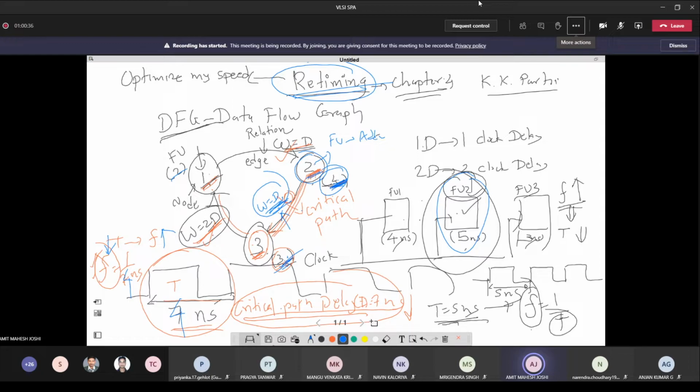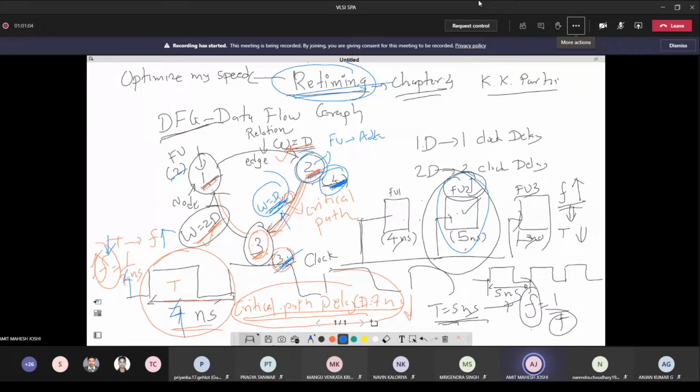So if in all edges you have a delay element, then ultimately the critical path of your circuit depends upon the functional unit. The critical path for that circuit is the maximum delay out of all the functional units. Here functional unit 1 is taking 2 delay, functional unit 2 is taking 4 unit delay, and functional unit 3 is taking 3 unit delay.